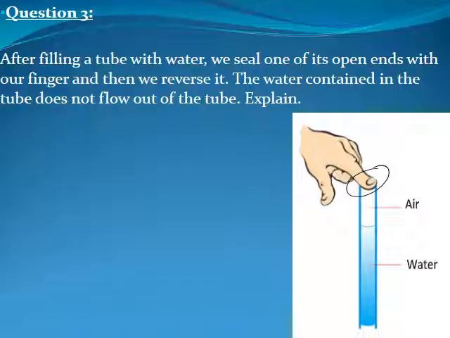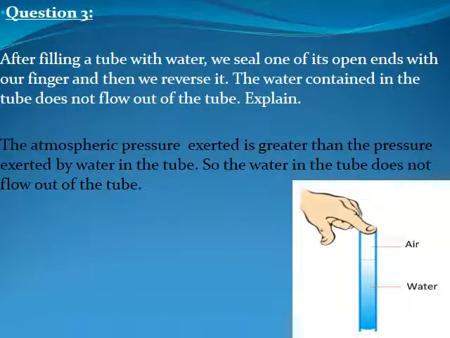The atmospheric pressure that's exerted is greater than the pressure exerted by water in the tube. Okay. So the water in the tube doesn't flow out. Excellent. So the atmospheric pressure which is exerted is greater than the pressure exerted by water in the tube, so the water doesn't flow out of this tube.